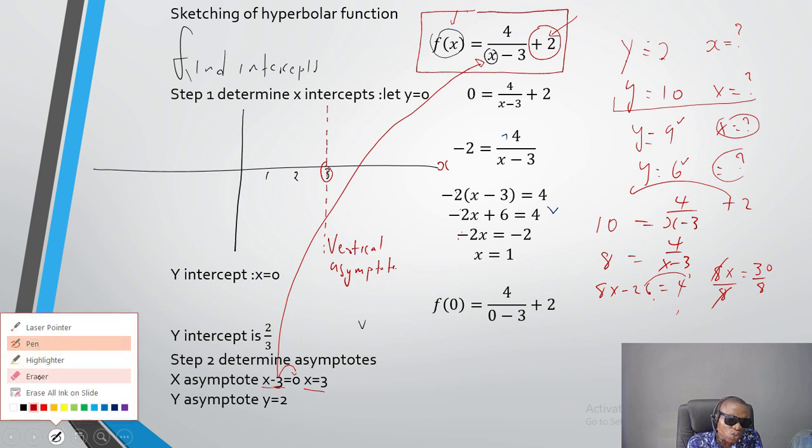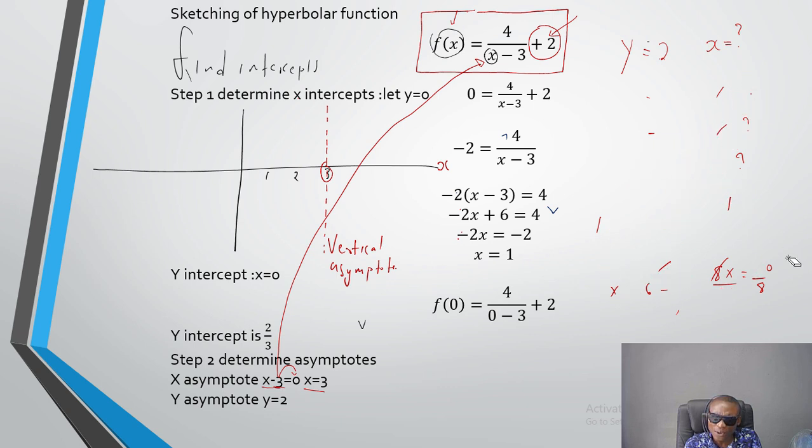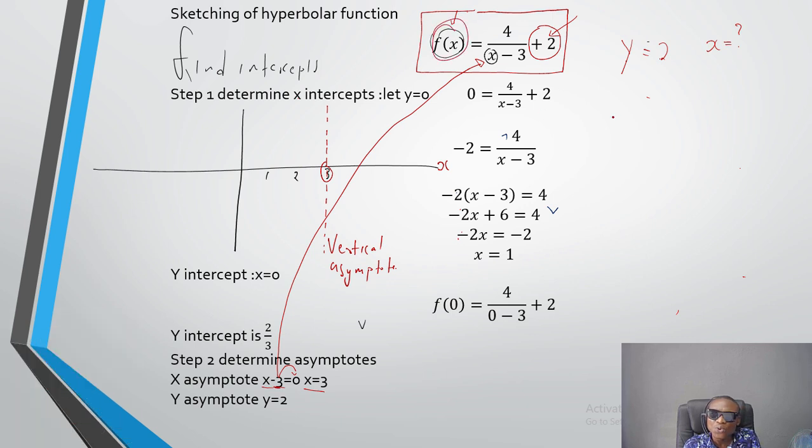But when y is 2, what is the value of x? We will fail to find the value of x. Let me show you. When y is 2, we say 2 equals, where y is, I'm putting 2, and I'm trying to find the value of x. Now take positive 2 to the left. 0 equals 4 over x minus 3.